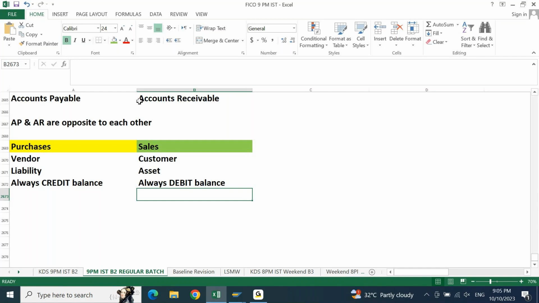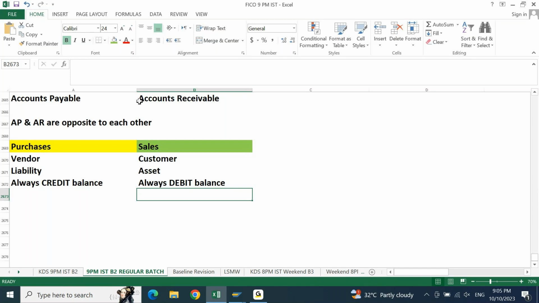Now, whenever you look at the customer balance or vendor balance, you're not supposed to look at the transactions, because a transaction can contain both debit and credit. You are always supposed to look at the closing balance of the vendor and the closing balance of the customer.